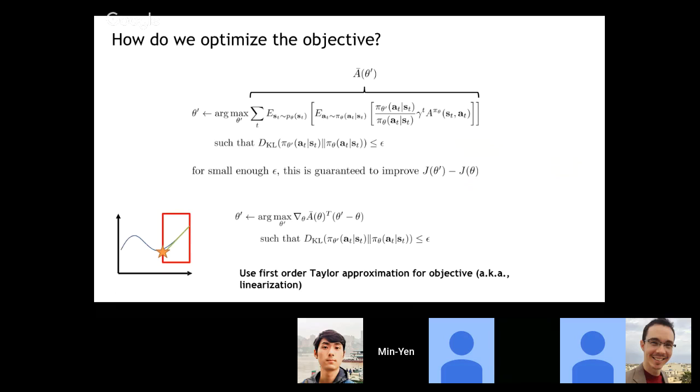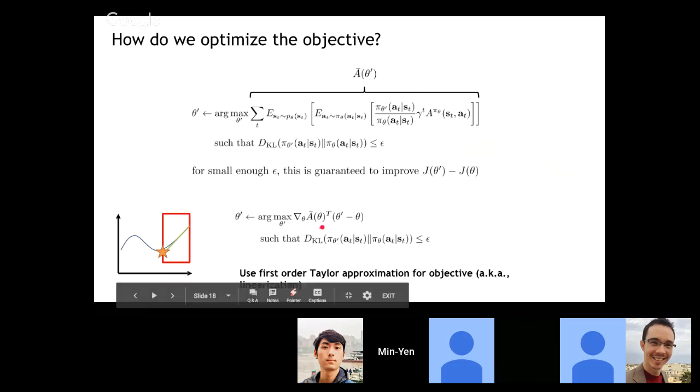So now we have to optimize this with the bound. To optimize, we have to take the gradient. So this part here is our objective. So let's denote it by a bar theta prime.